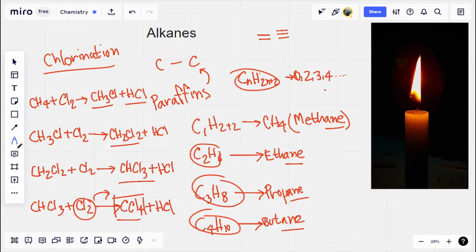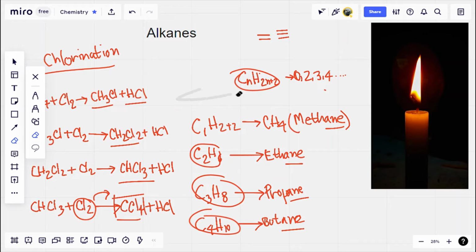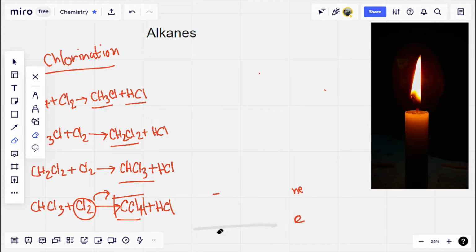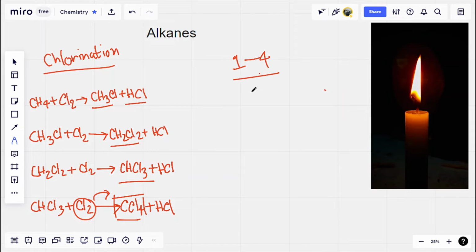So let's just clear this up a bit. Okay, so from alkanes 1 to 4, they are all in gas form. From alkanes 5 to 16, they are all in liquid form.